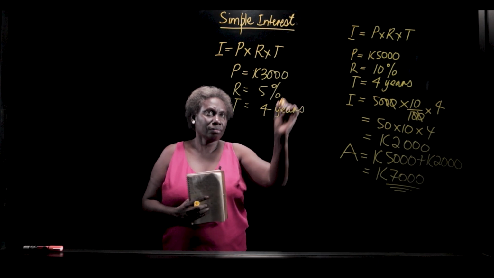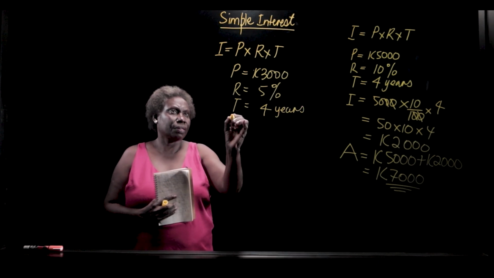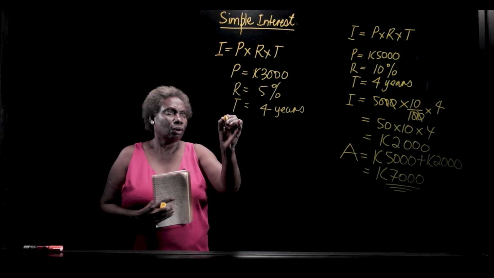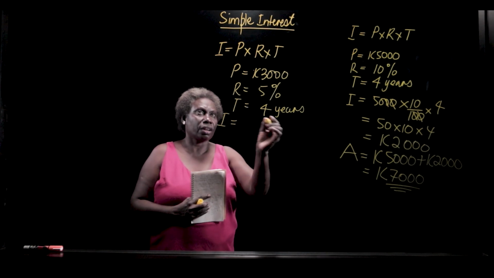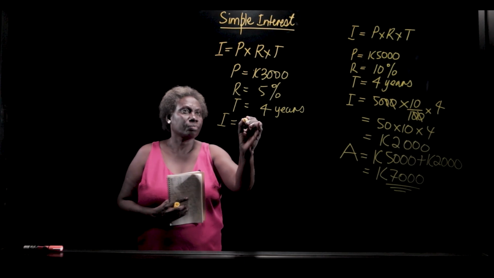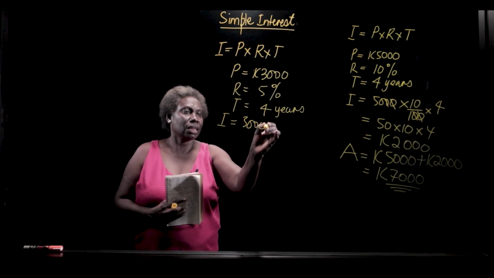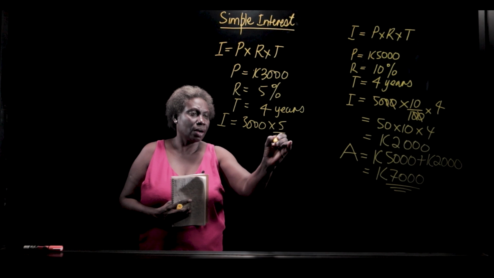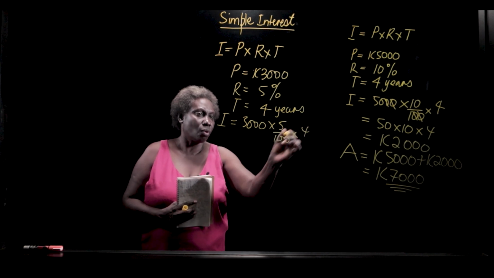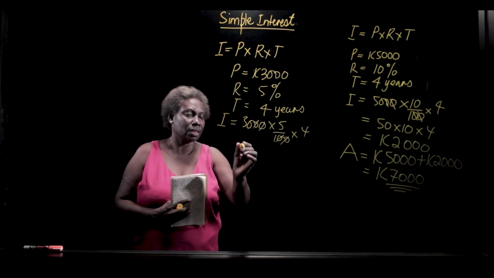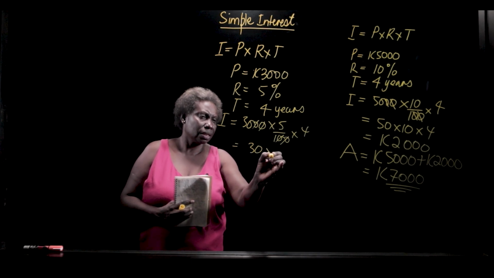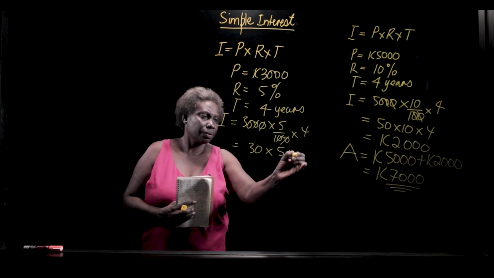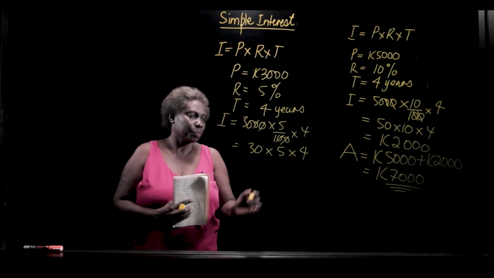Okay. Again, we calculate the interest using the formula. We substitute those values into the formula. So we have 3,000 kina times 5 over 100 times 4. Okay, this cancels out with this. So we have 30 times 5 times 4.